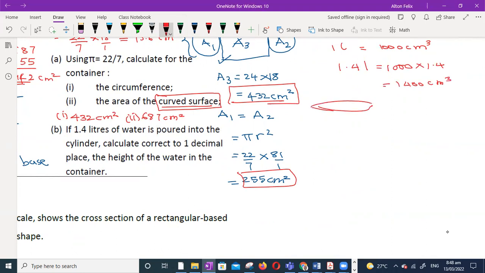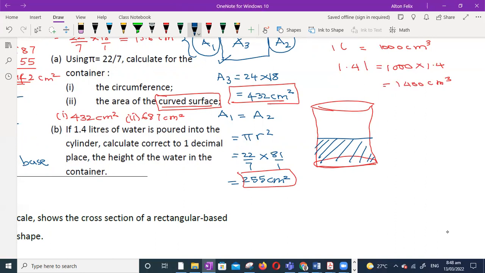Right, now you have this big container there as shown in the diagram, right? So let's just draw that right here. And you are pouring in 1.4 liters, which is 1,400 cubic centimeters. Now, in this scenario, the 1,400 cubic centimeters of water is not going to fill the container.